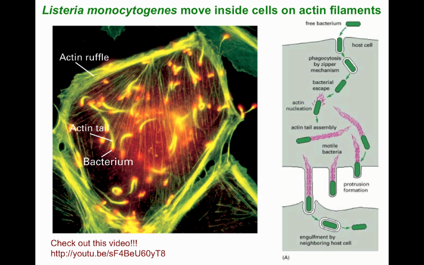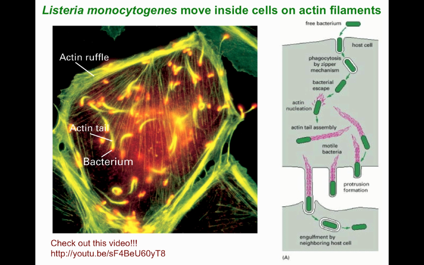But the cell is not the only organism that can benefit from polymerizing actin. As mentioned a moment ago, the polymerization of actin exerts force that can push the membrane forward. So, in a sense, any particle that induces actin polymerization on itself can receive that force and be pushed forward by the actin polymerization.